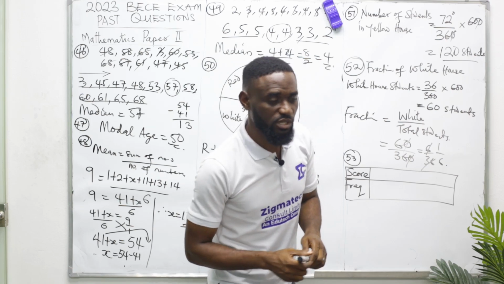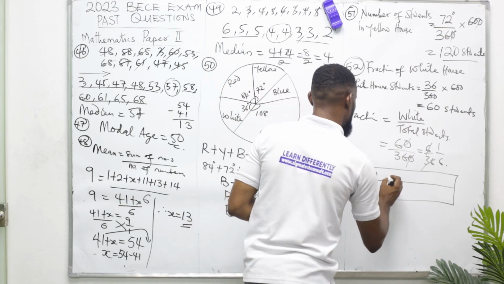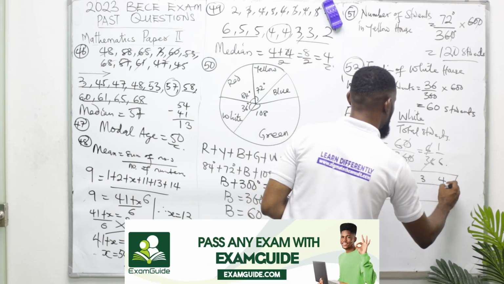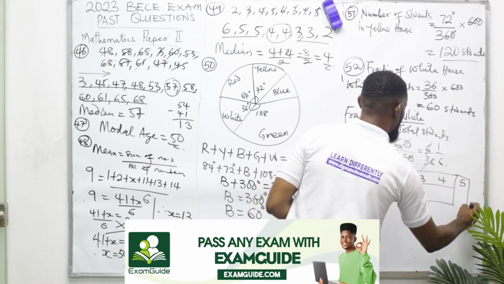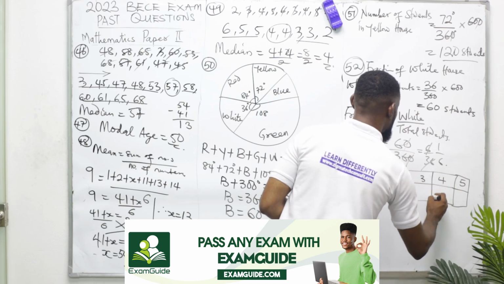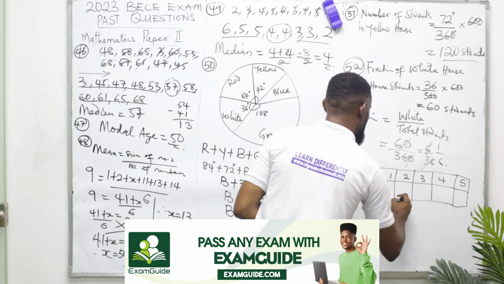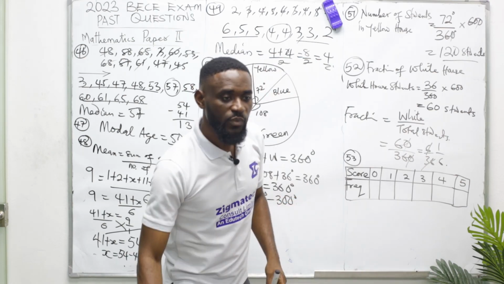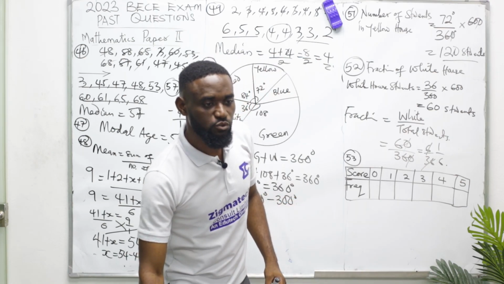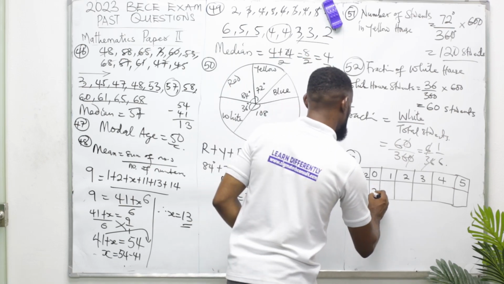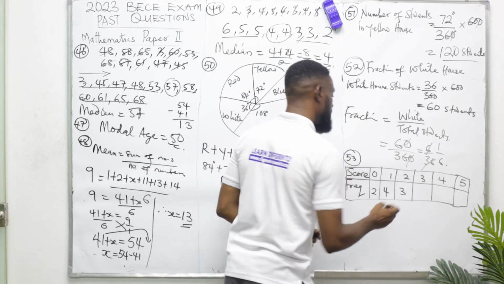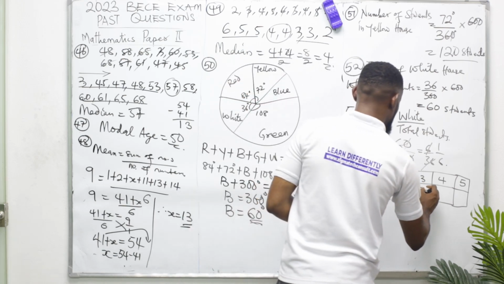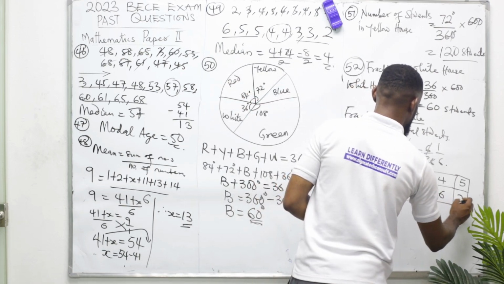So we have 0, 1, 2, 3, 4, 5. Right? Okay. So then in the frequency we have 2, 4, 3, 3, 6, 2.